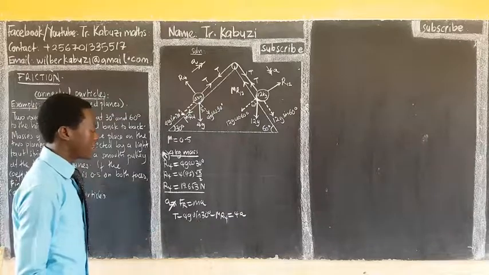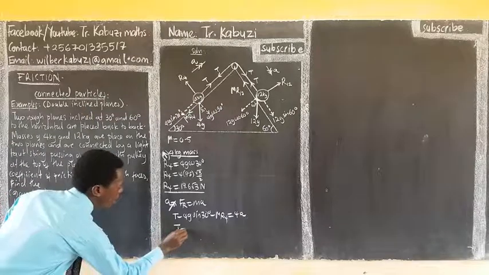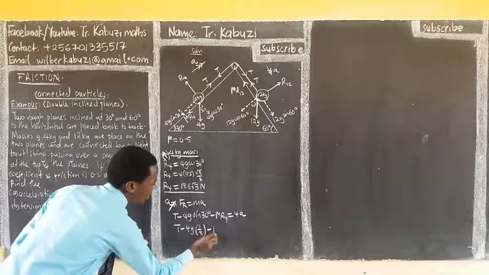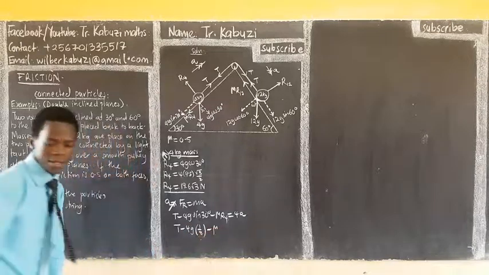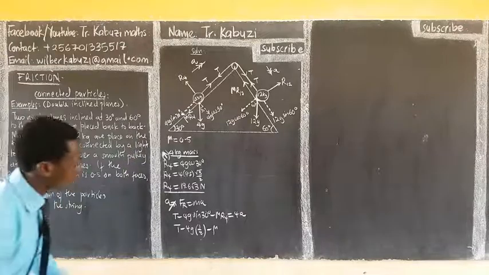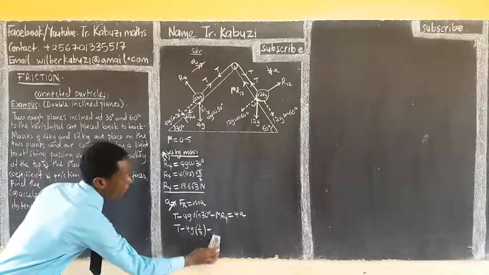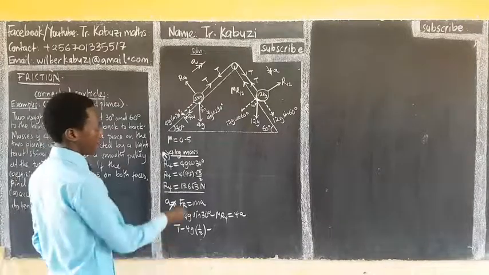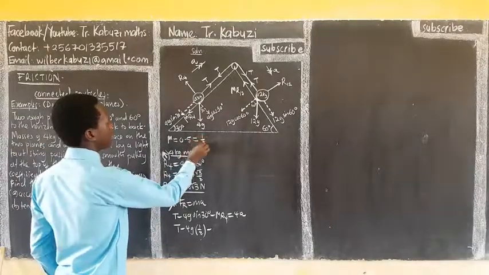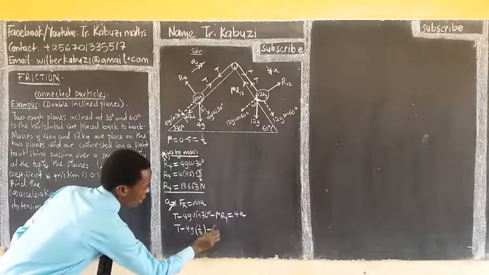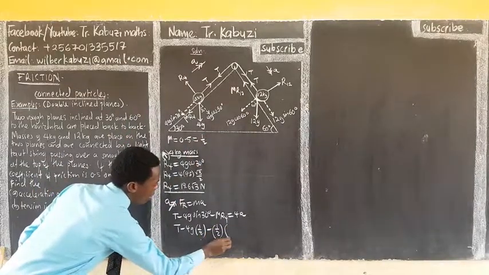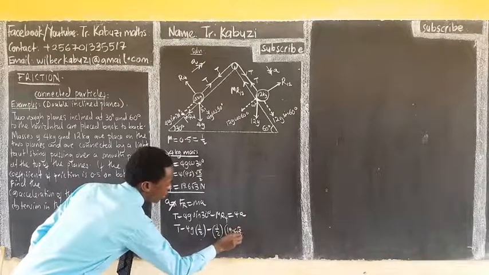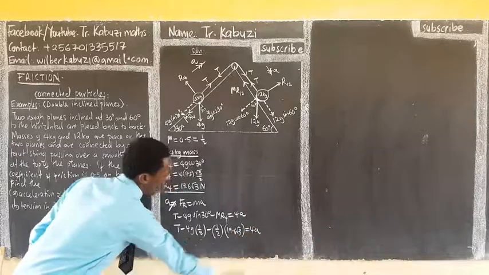Sine 30 is a half, so T minus 4g into a half, then minus mu, which was given as 0.5, which is the same as a half, into our R4, which we got as 19.6 root 3 according to 4a.